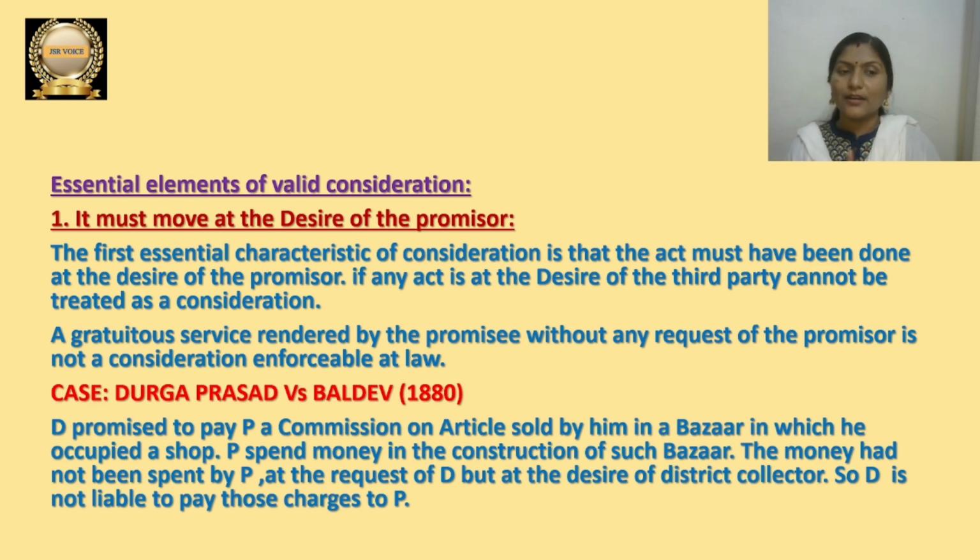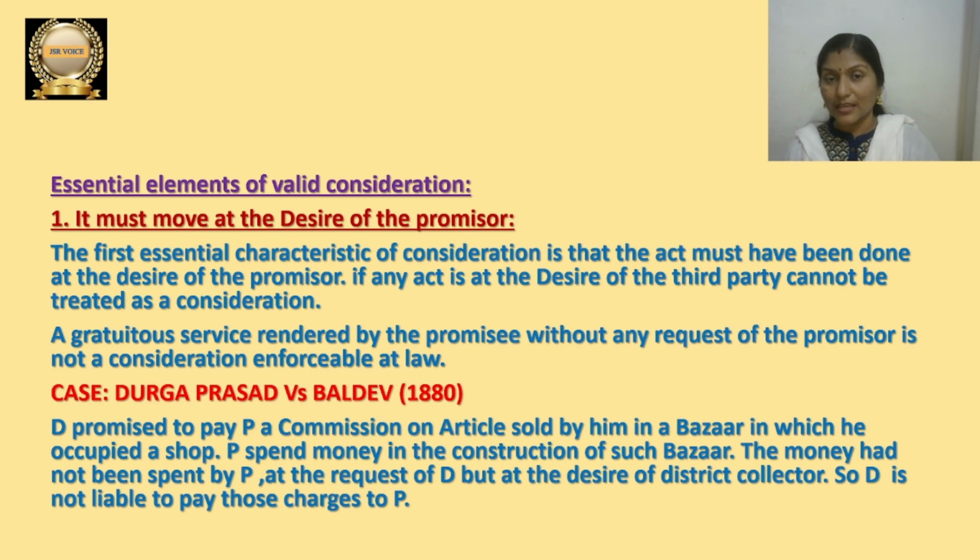So what is our point here? Consideration must move from the promiser at the desire of the promiser. The promiser must have the desire, and only then will he pay consideration to that party. Here D is just asking P to sell the article in his shop, but on the request of the district collector, P constructed a bazaar, started a shop and is selling the articles.